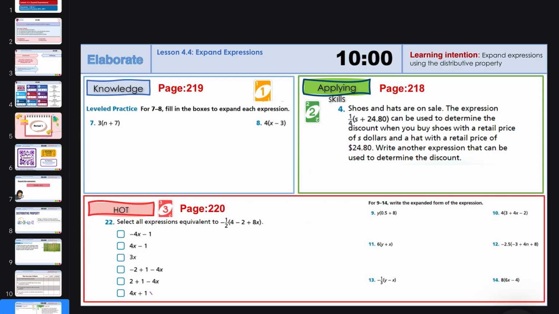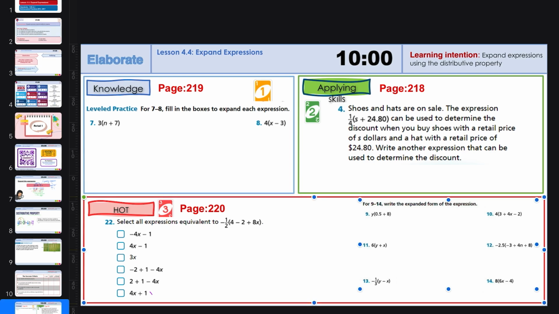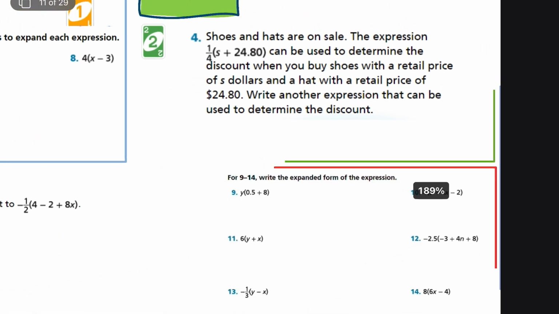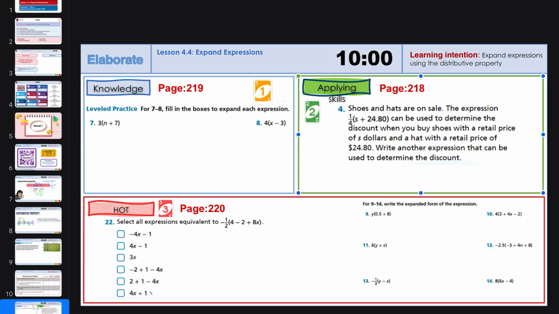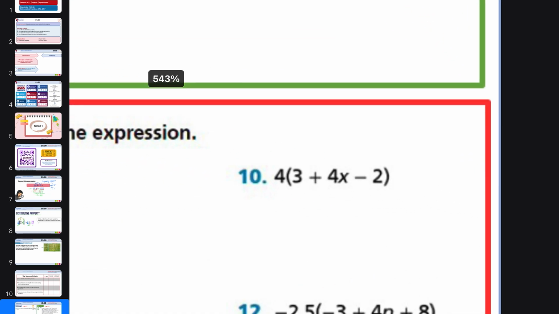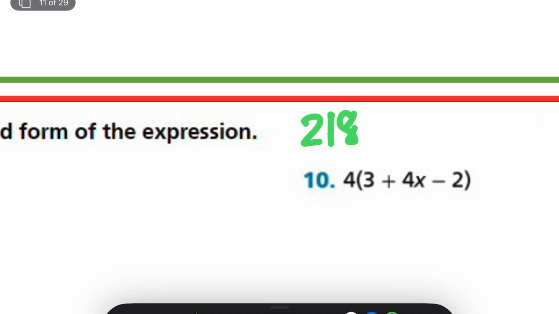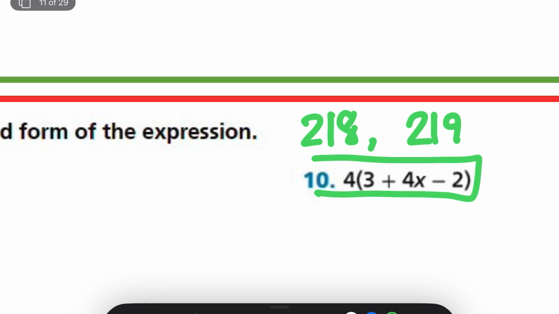Okay, let's take an example with 3 terms, and I want it to be a bit more challenging. Let's take this example. Here we have question number 10, page, I believe 218. I hope so. I think 218 or 219, in case you're looking for the page number. We have this question. I'm just going to write it down in another slide.